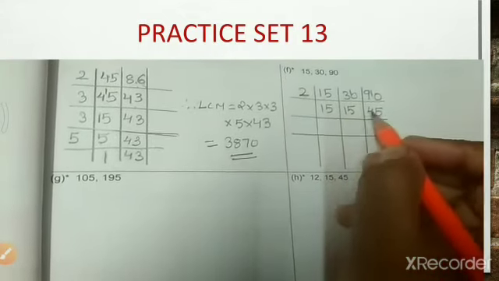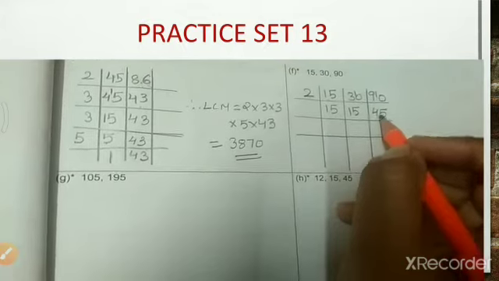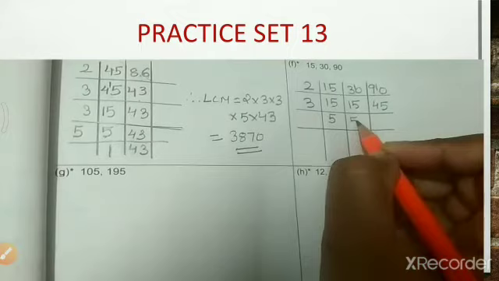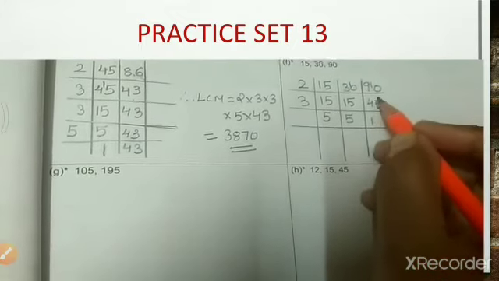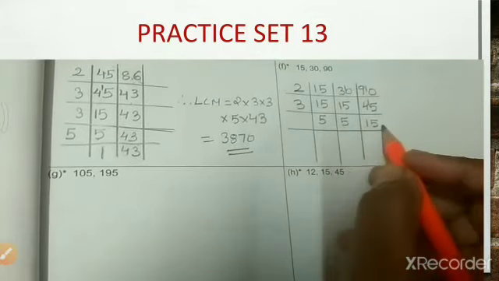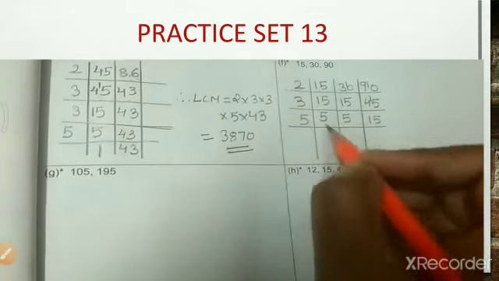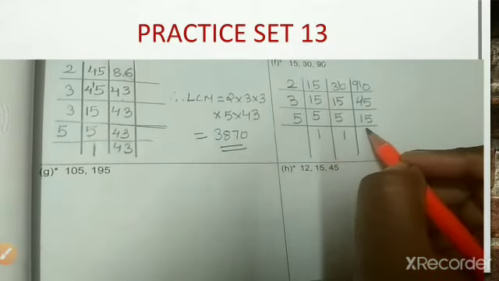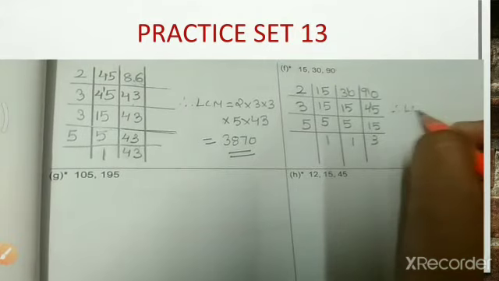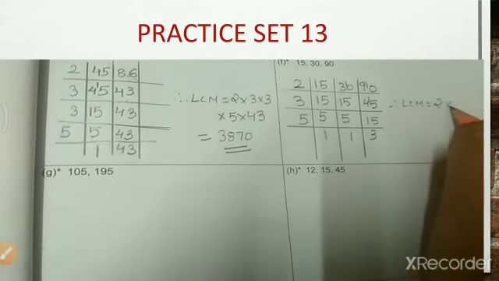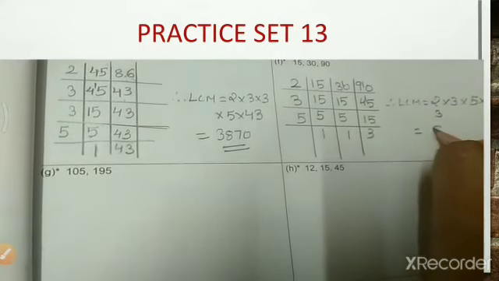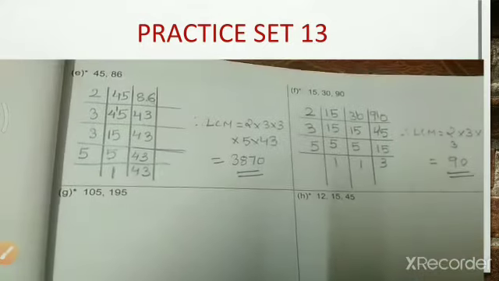So now 15, 15 and 45 is divisible by which number? All the three numbers are divisible by 3. 3 5s are 15, 3 5s are 15 and 3 1s are 3, 1 carry, it will become 15, 3 5s are 15. Now 5, 5 and 15 is divisible by 5. 5 1s are 5, 5 1s are 5 and 5 3s are 15. Clear? Now what will be your LCM over here? Your LCM will be 2 into 3 into 5 into 3. So what you will get as your LCM? That is 90. Clear?